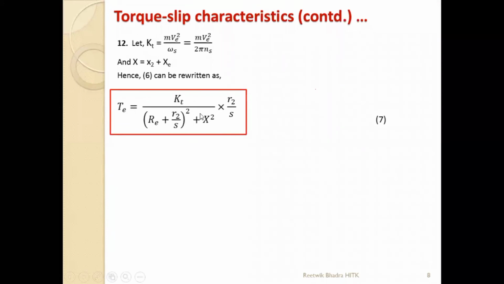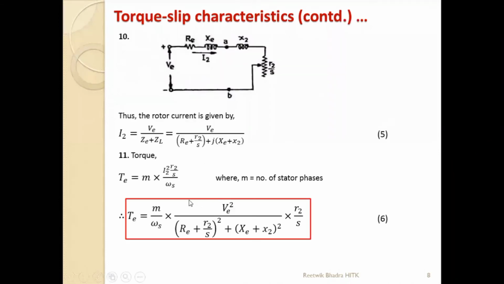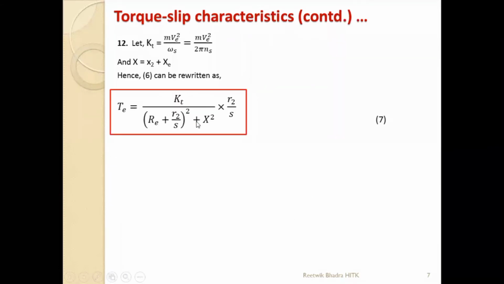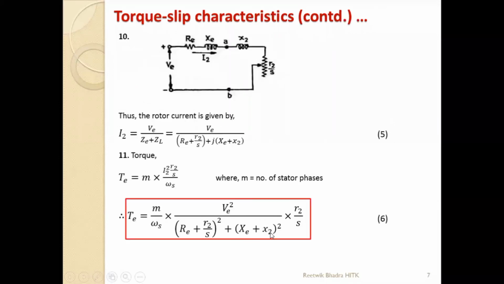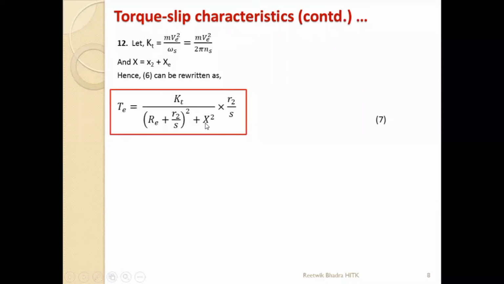Okay. So torque T, this term M V square by omega S is replaced by kt. So kt divided by this into R2 by S. And Xc plus X2 is taken as capital X. Here you can write the whole term also, no problem.